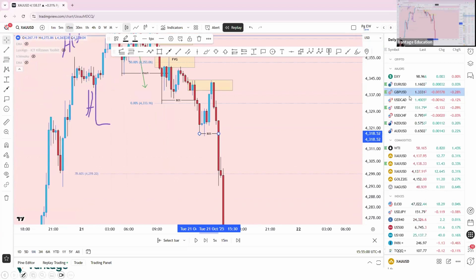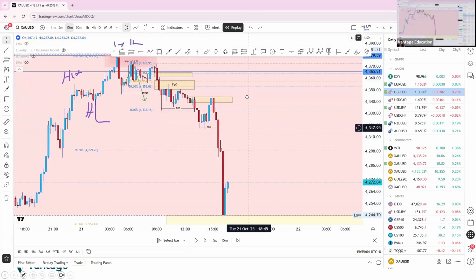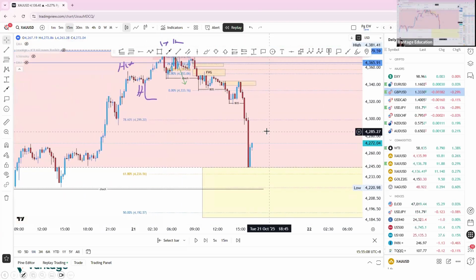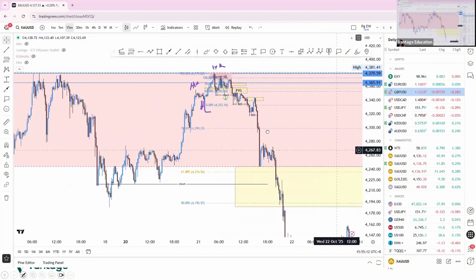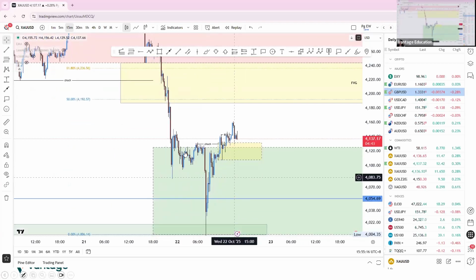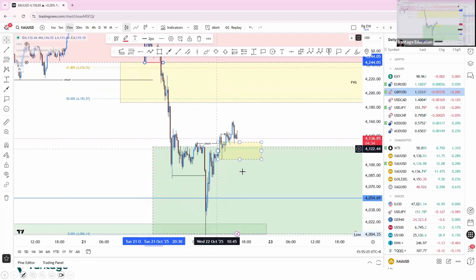And from that on, there's no pullback at all. You see that all the way to that level. Okay, guys. They also have the BOS here, break of structure from here until here, BOS, right? This is just boom down and change of character here.